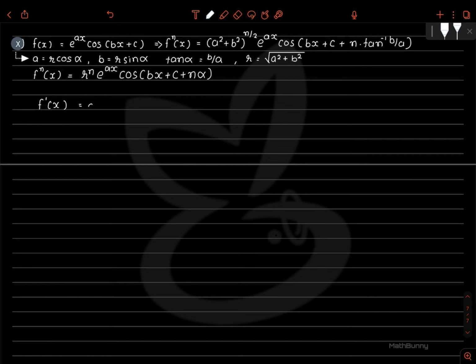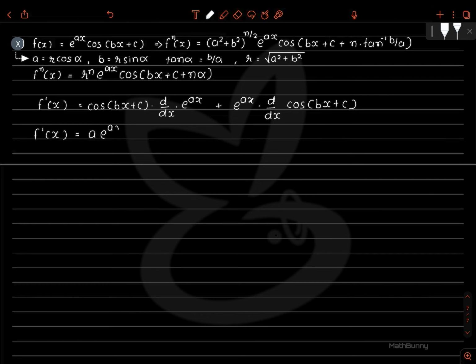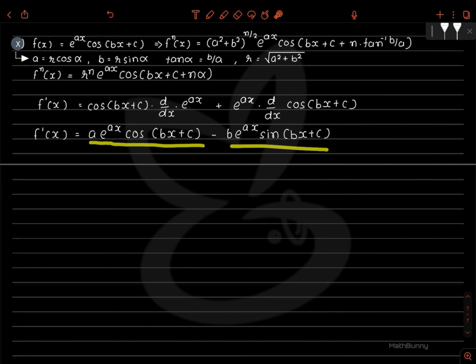F dash of x would be cos(bx + c) into d by dx of e raised to ax, plus e raised to ax into d by dx of cos(bx + c). So f dash of x would be equal to a e raised to ax cos(bx + c) minus b e raised to ax sin(bx + c). Hope you understand this. This is standard chain rule.